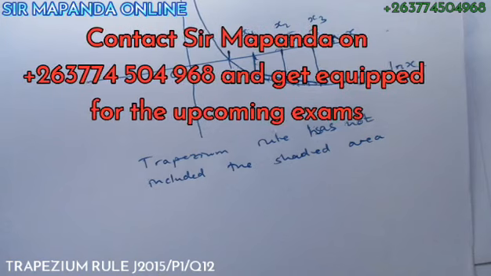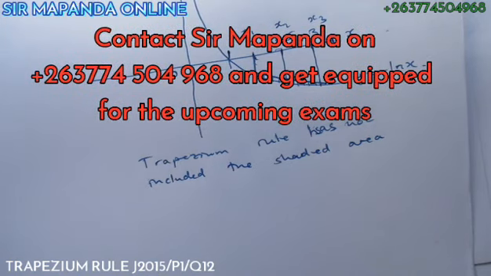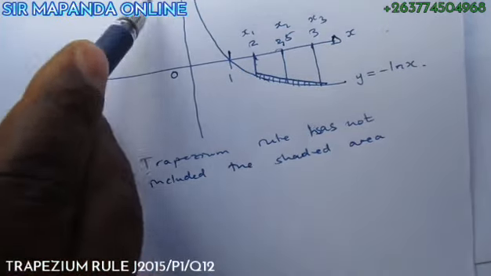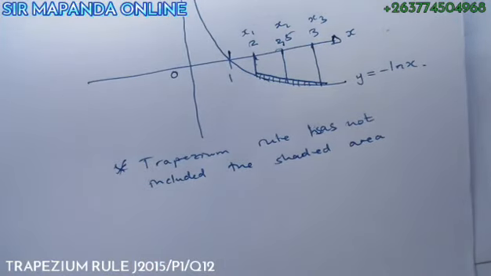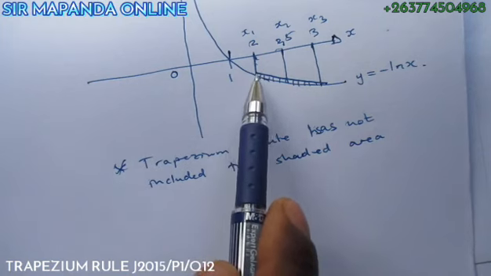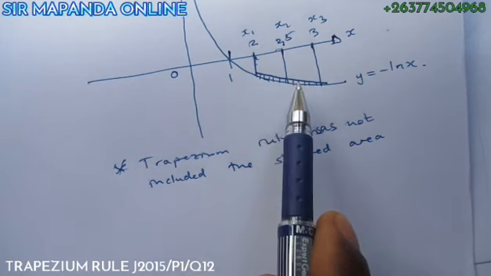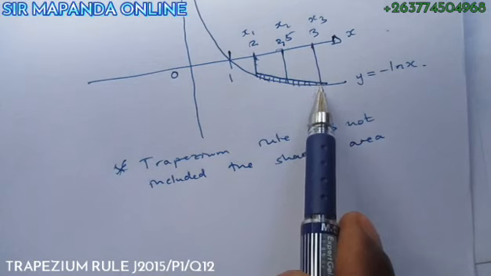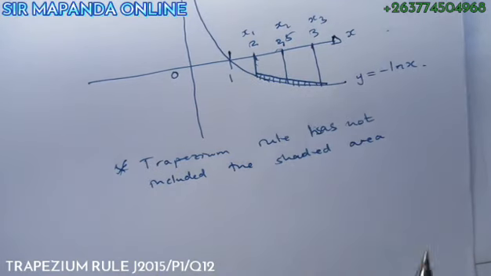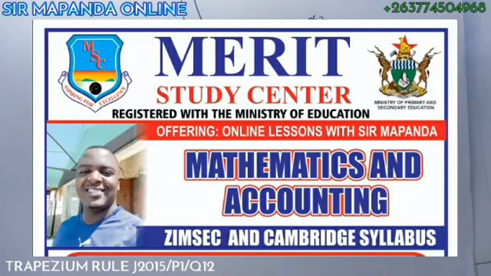So you simply say trapezium rule has not included the shaded area. You can attach your statement with this simple sketch so that the examiner clearly sees your argument. You are saying trapezium is including the unshaded part, but it is excluding this shaded part, which is part of the exact area. So trapezium rule has not included the shaded area. That's why it underestimated the area.